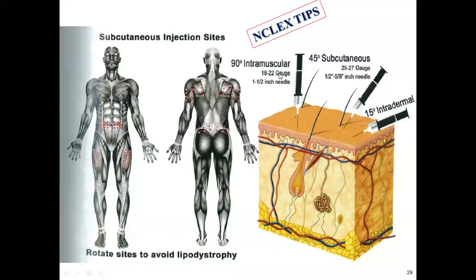the needle at a 90 degree angle, which we call intramuscular, and the needle size we usually use is 1 to 1 1/2 inches, whatever the gauge, 18 to 22 gauge.